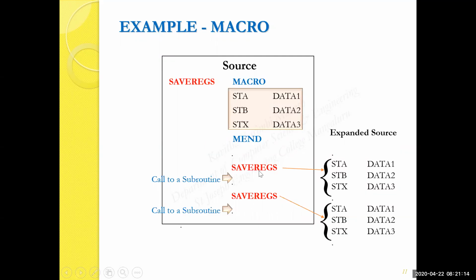Whenever a macro processor encounters a macro instruction, it replaces this single line instruction with the statements that form the body of the macro. In this case, the body of the macro has a set of 3 instructions, STA, STB, STX, which would be generated as a part of expansion of the line SAVEREGS. So every time this macro name is seen in the source program, the statements that form the body of the macro would be generated by the macro processor.